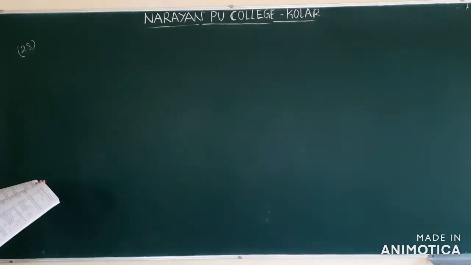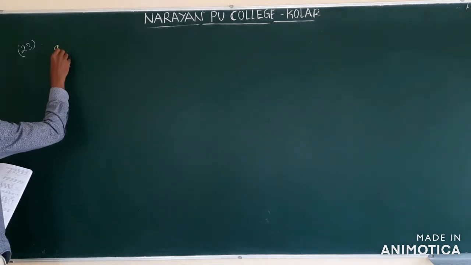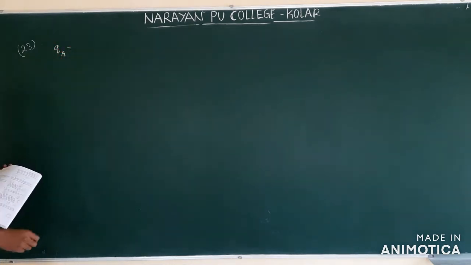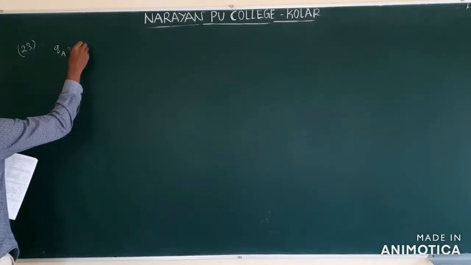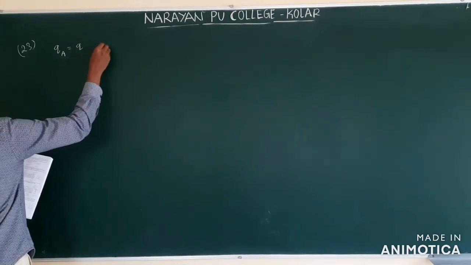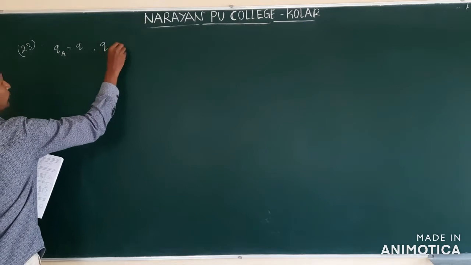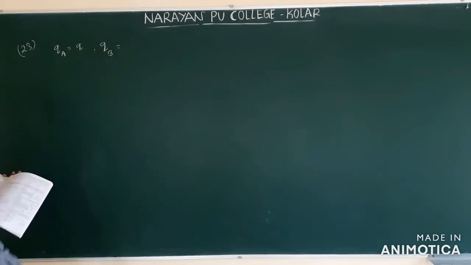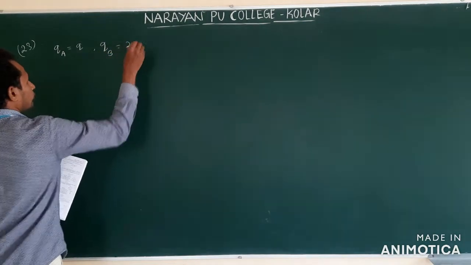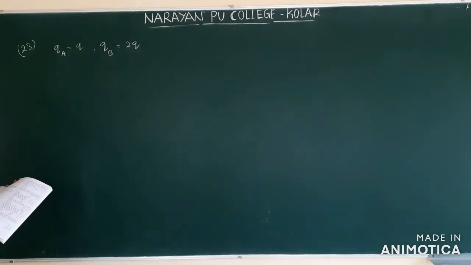Okay, two particles A and B. So charge of A is given as Q. Next, charge of B is given as 2Q. Next, accelerated through the same potential difference. Potential remains the same.